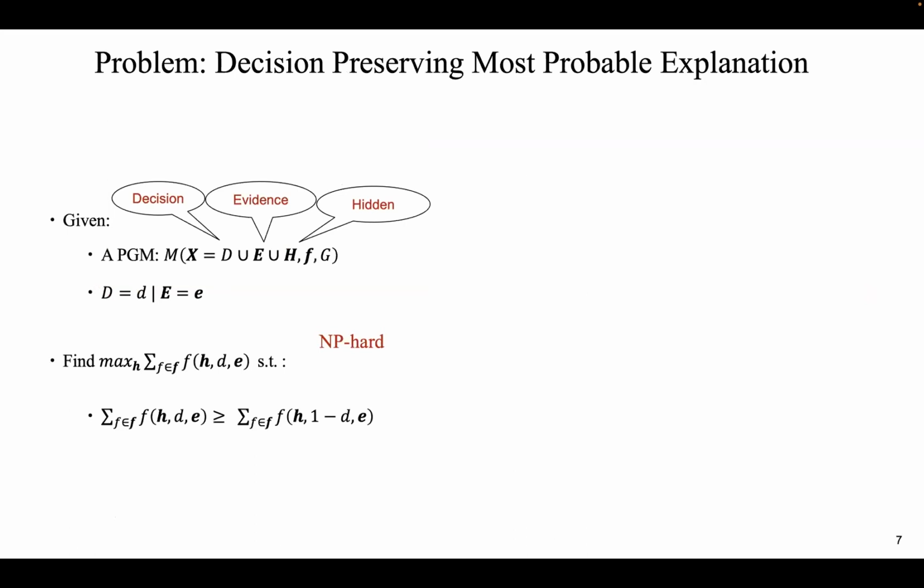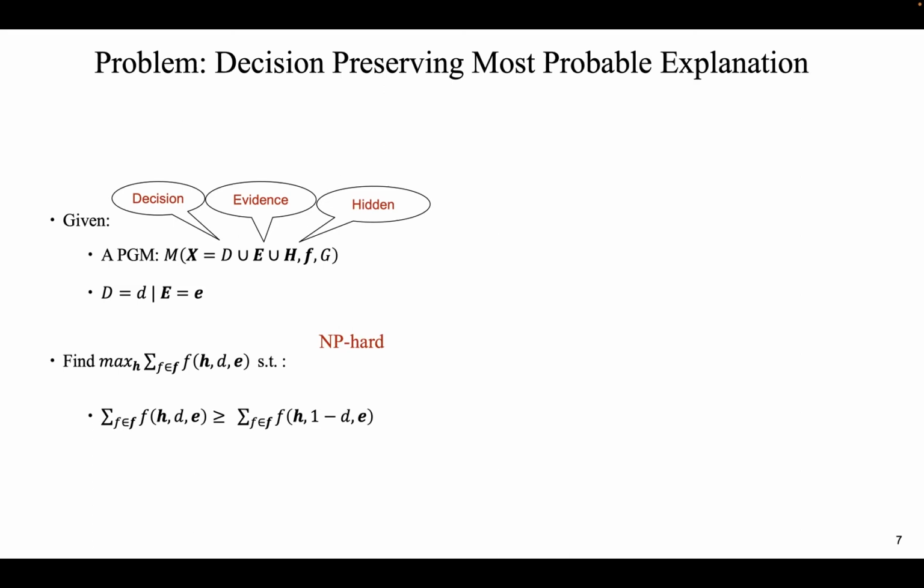So now let me give you some more concrete examples of applications of CMPE and how we can encode the same decision task and the generating adversarial examples task as CMPE tasks. A common inference problem in graphical models is finding the most probable explanation.